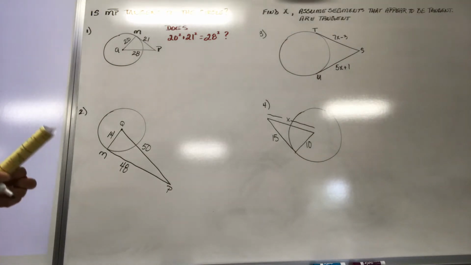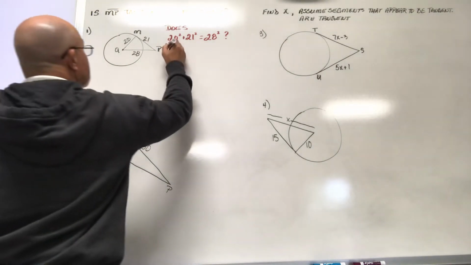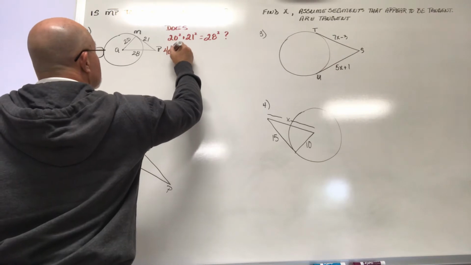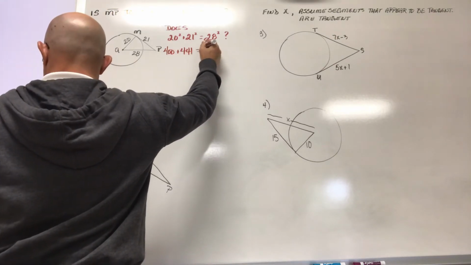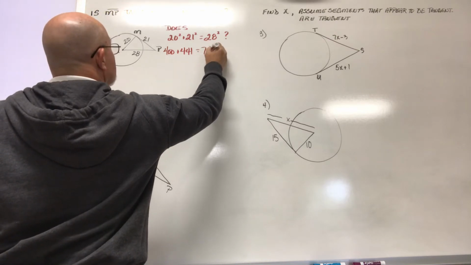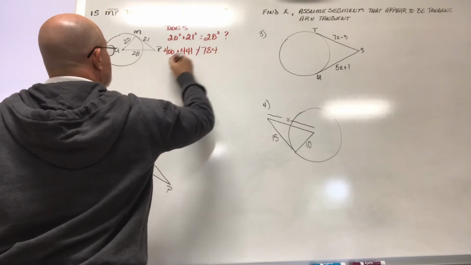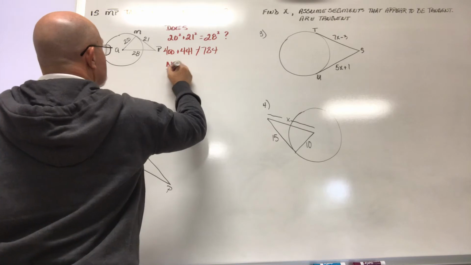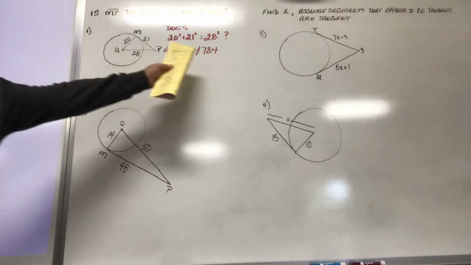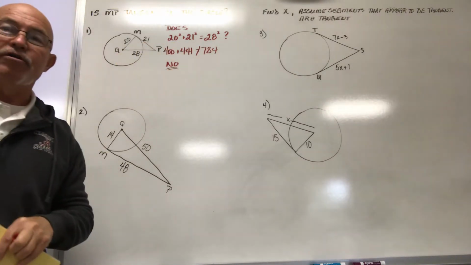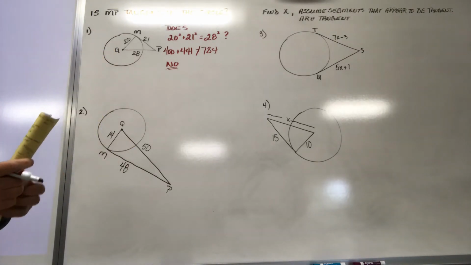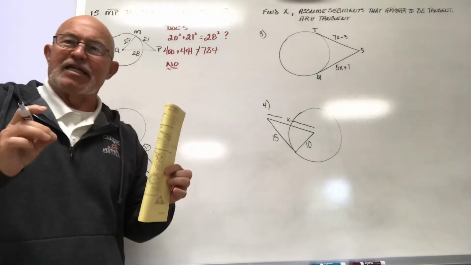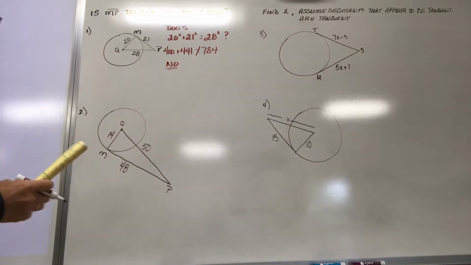So we're going to use our math. Since that doesn't equal that, they are not a right triangle, not tangent to the circle. Means it's just off a little bit. That's all we're thinking about.